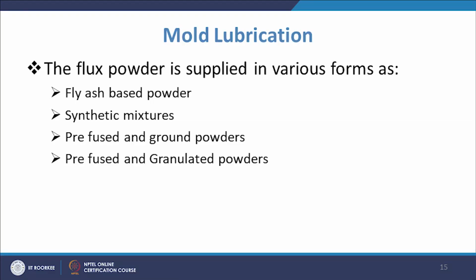So, that is another advantage of this mold lubrication mechanism, and they come in different forms. We use fly ash based powder, synthetic mixture, pre-fused and ground flour powders, and granulated powders also. That way we give this mold lubrication.